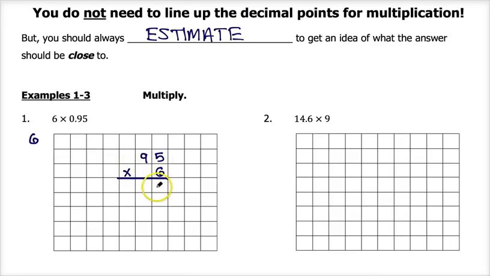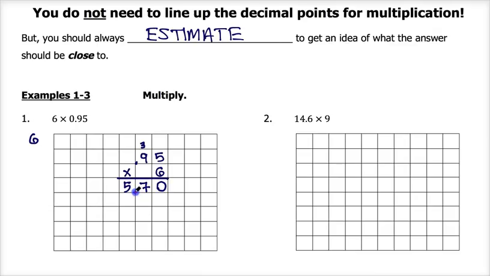Well, 5 times 6, we're going to go back to old-fashioned multiplication. 5 times 6 is 30. I carry my 3. 6 times 9 is 54. And then if I add 3 to that, I get 57. So if it was 95 times 6, my answer would be 570. But because I was multiplying by 0.95, and 0.95 had 2 places after the decimal point, then I need to put in 2 places after my decimal point here in my answer.